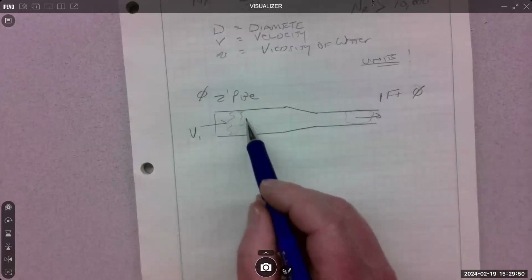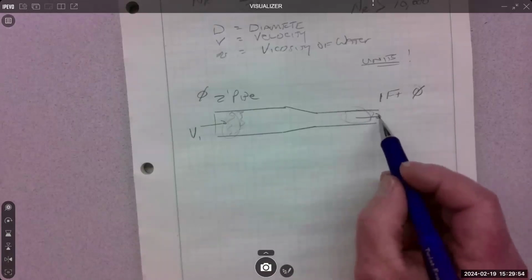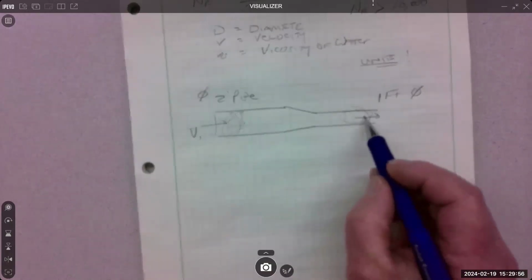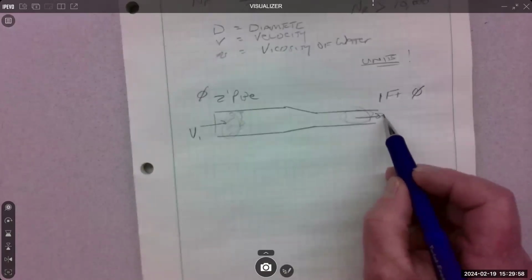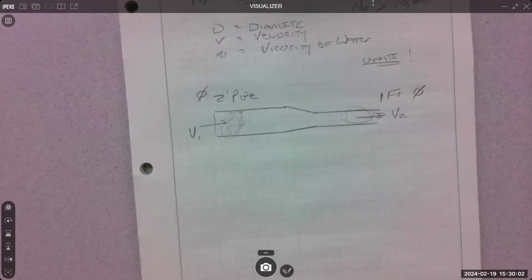In other words, this mass is going to create this mass, and obviously it's a smaller area, so this mass is going to have to accelerate, and the velocity will change from V1 to V2.